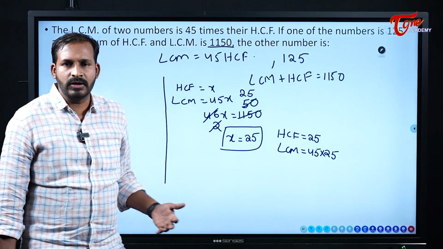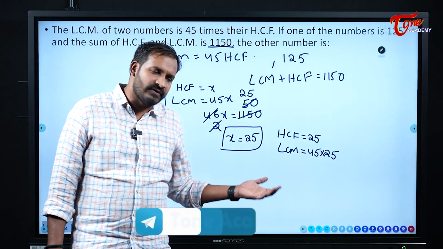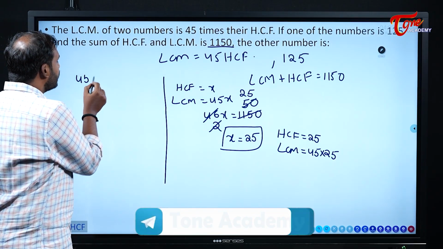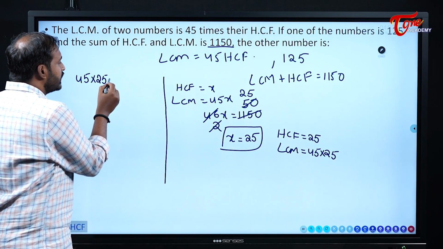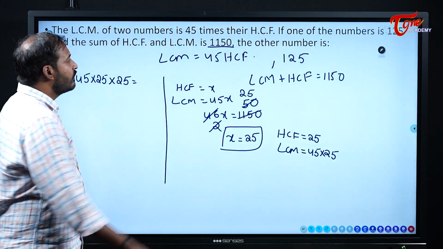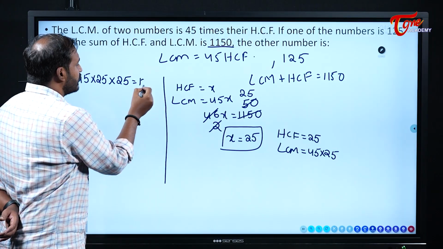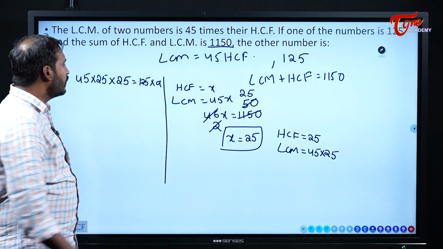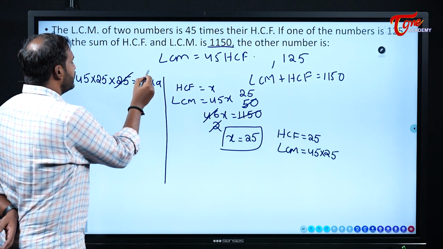We know that product of two numbers is equal to product of their LCM and HCF. Fine, we will substitute there. So product of LCM and HCF means 45 into 25 into 25, that is equal to one of the two numbers they given for us, 125, and the other number I will assume as some A. Now please observe here 25 ones 25, 5's, good.